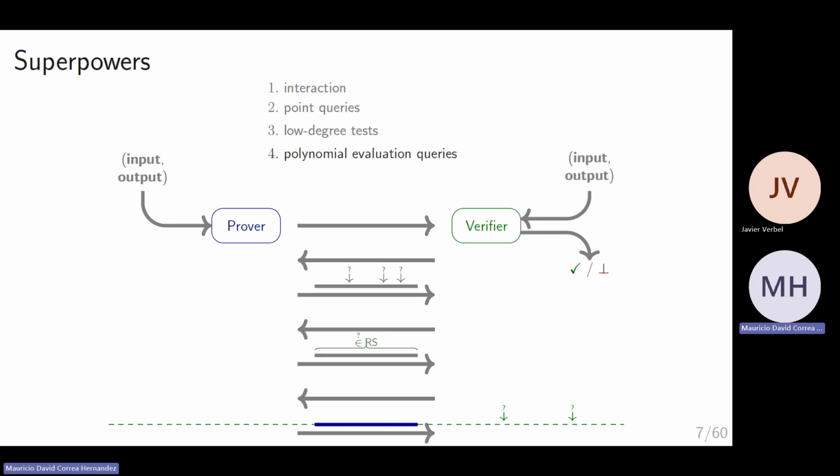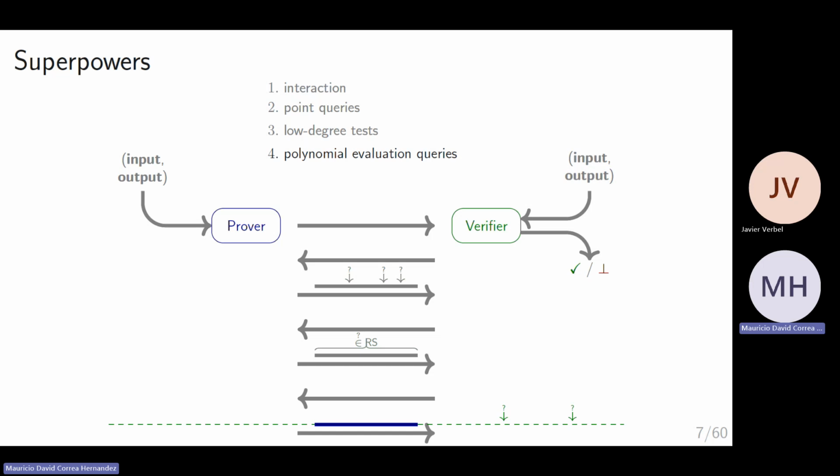And then the next superpower is polynomial evaluation queries. So here, the idea is the prover is specifying some polynomial.